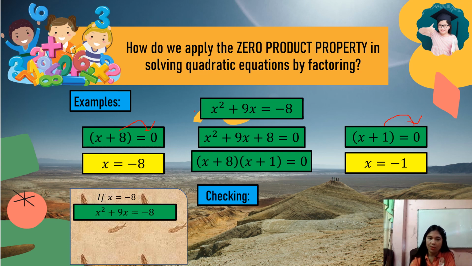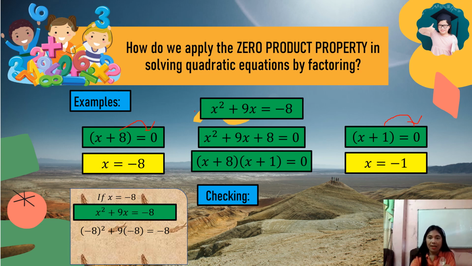The original equation was x squared plus 9x equals negative 8. Now, we substitute, so every x becomes negative 8. So, here it is: negative 8 squared plus 9 times negative 8, equals negative 8.